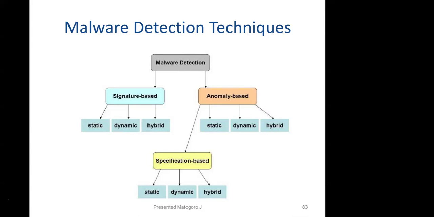Signature-based malware detection is a method used by antivirus and anti-malware software to identify and block malware based on unique signatures or patterns. Good. Okay, Boniface, thank you. Thank you, Sophia.